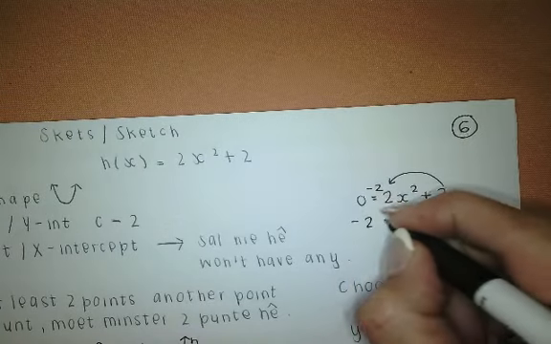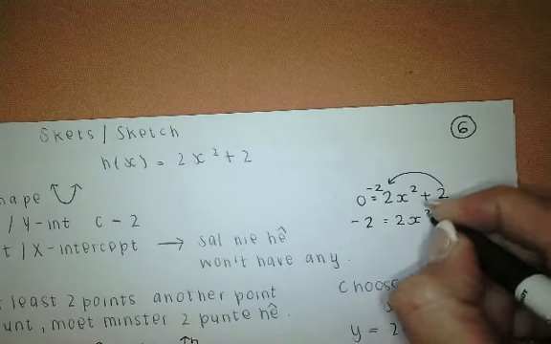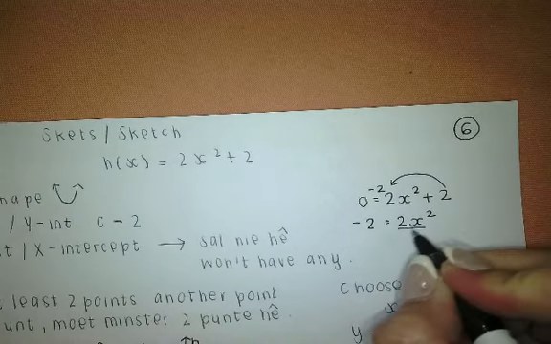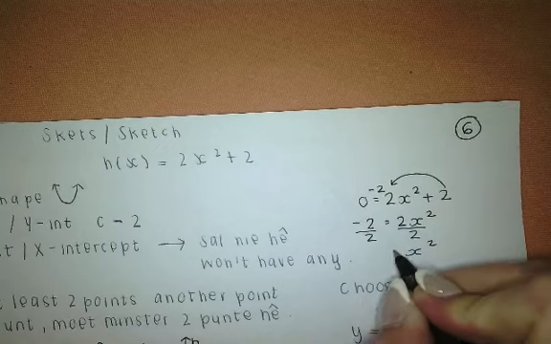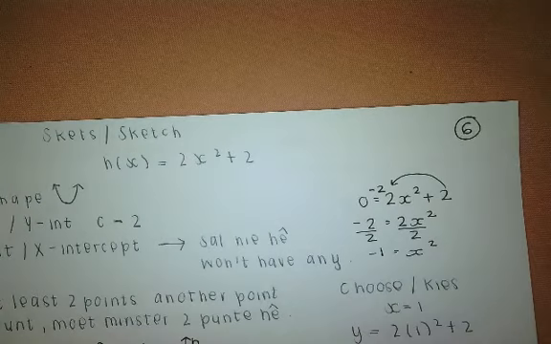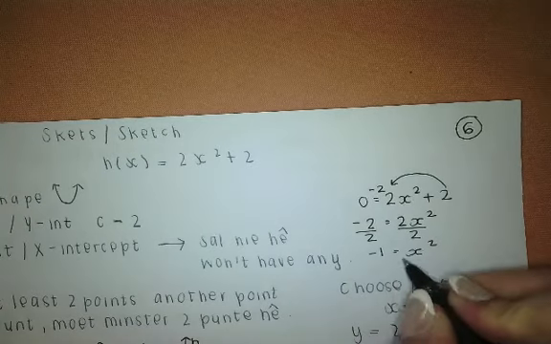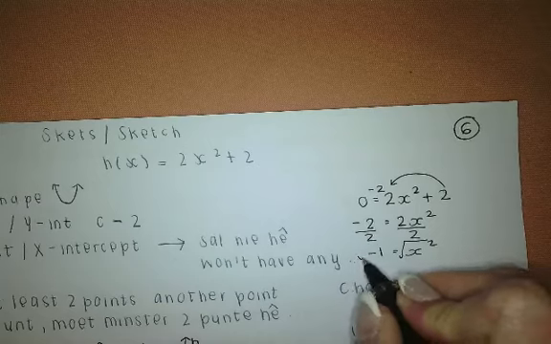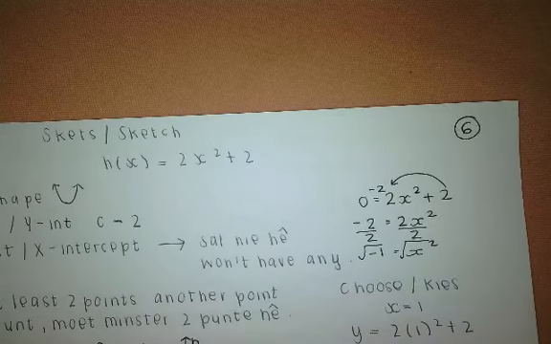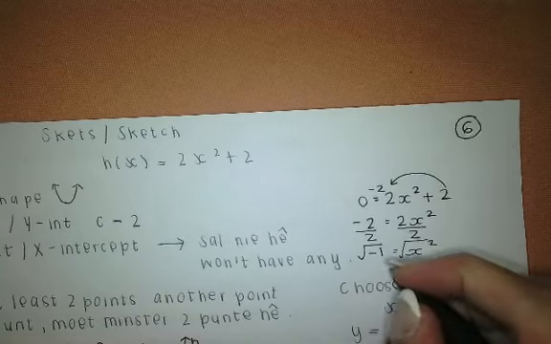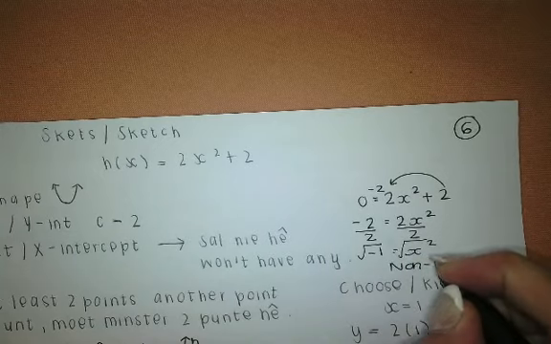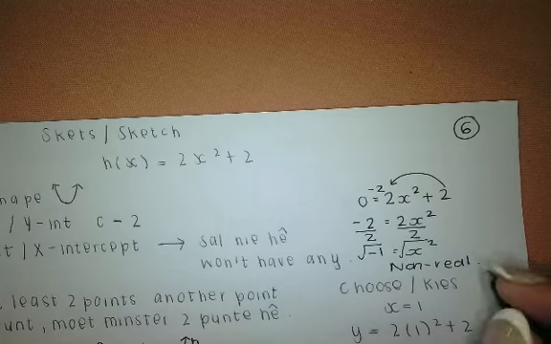So we have negative 2 is equal to 2x squared. To get x on its own, divide both sides by 2. So x squared will be equal to negative 1. Please look here. What's the problem? There's a negative underneath the square root, which means this is non-real.